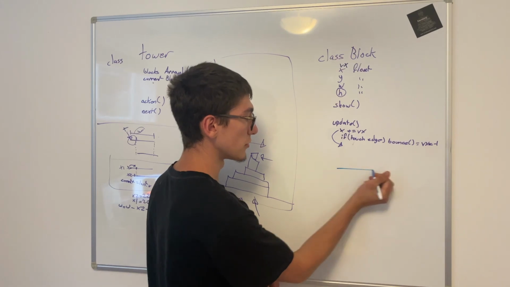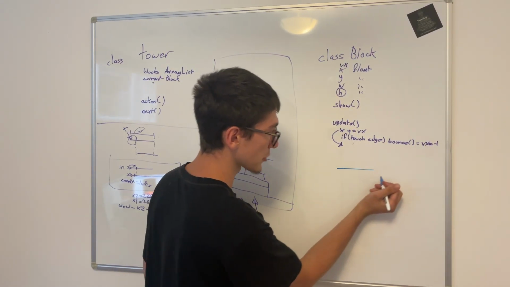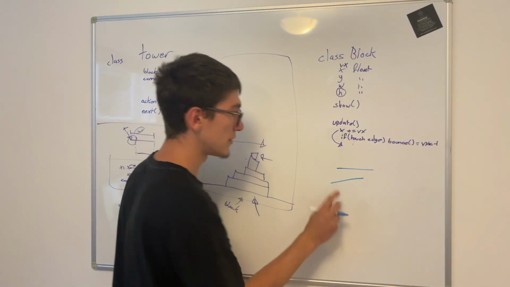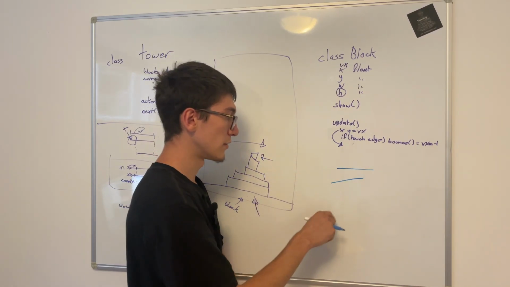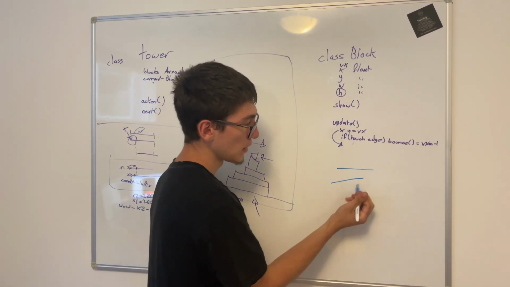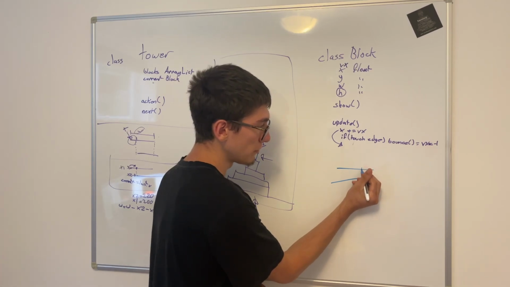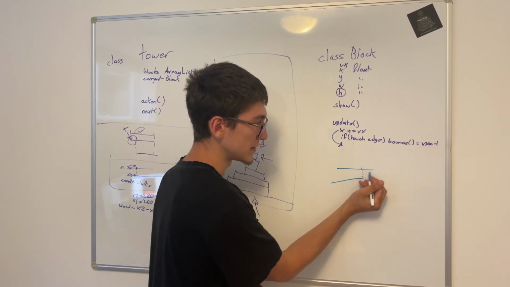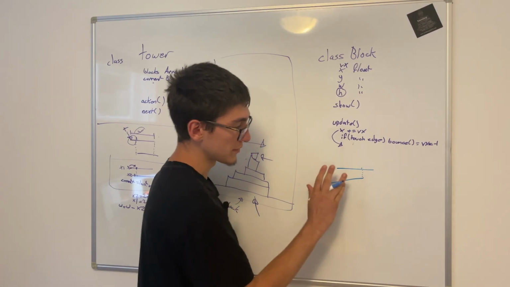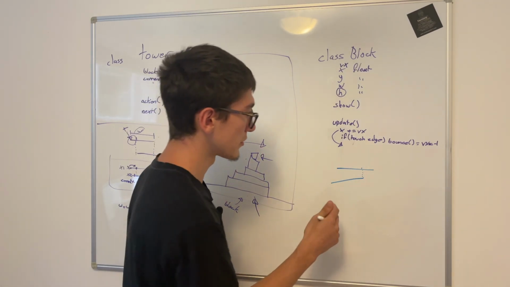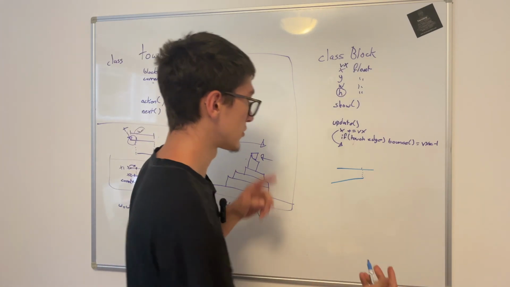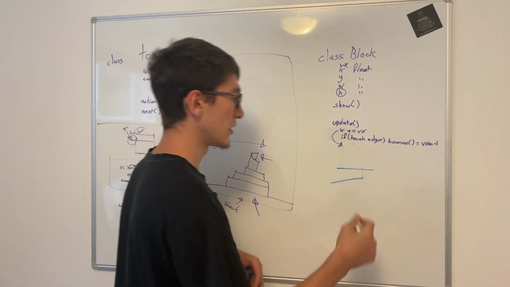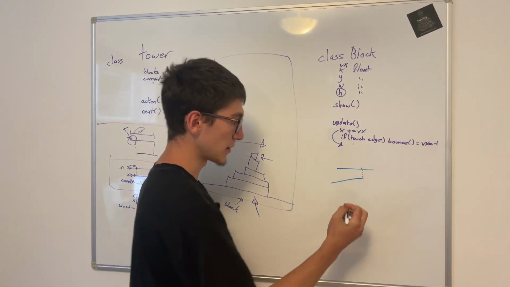Let's say this is our current, and this is the last one in the list of blocks. So we would need to cut off this section over here. It's basically the same principle, though this time we're not only going to use the x's, we're also going to use the width to modify the size.